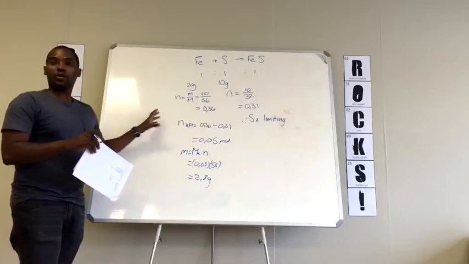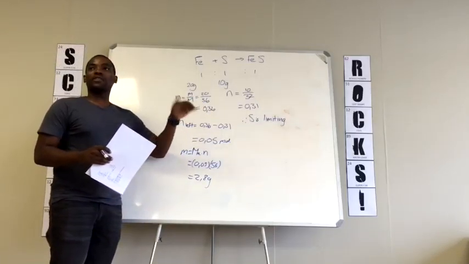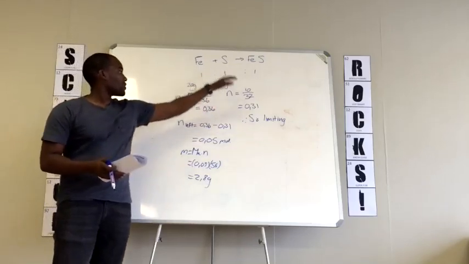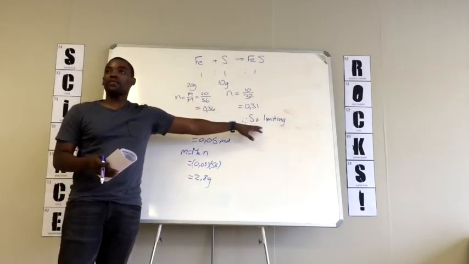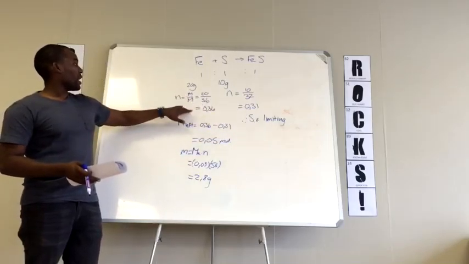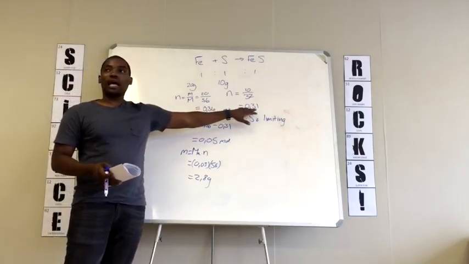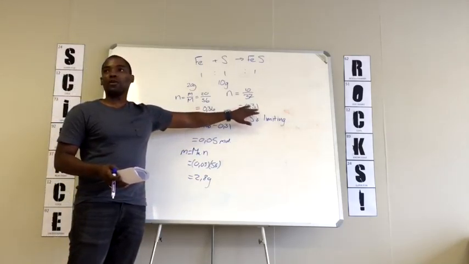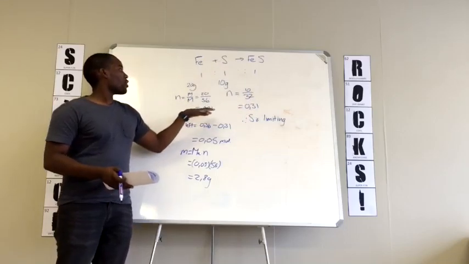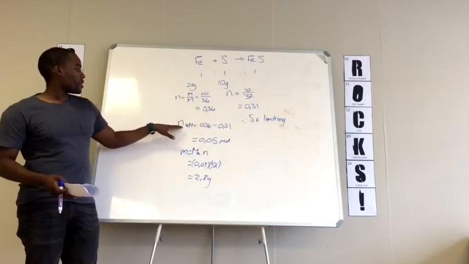Remember the question says, how many grams of the other one is in excess? First question was, which one gets used up first? So our sulfur gets used up first, it's the limiting reagent. So how many grams of my iron will be left over? If this is my limiting reagent, I can only react 0.31 moles of that, meaning I'll only react 0.31 moles of my iron as well, as a 1-to-1 ratio. So how much is left?